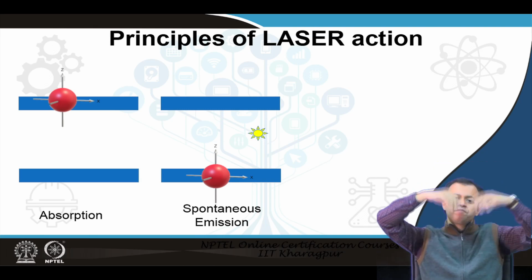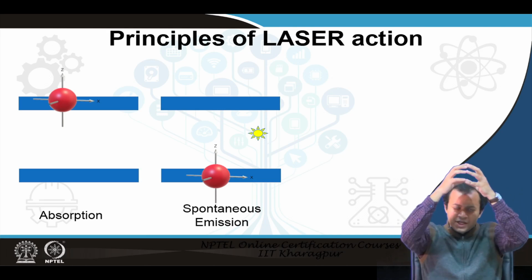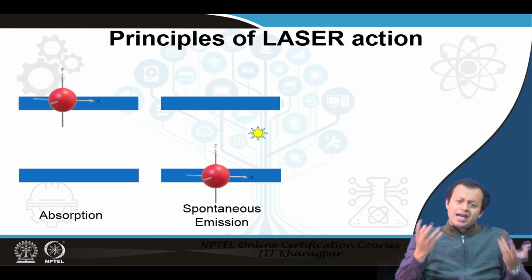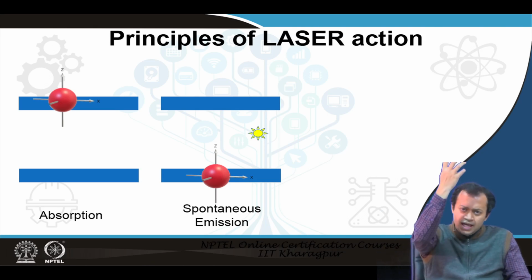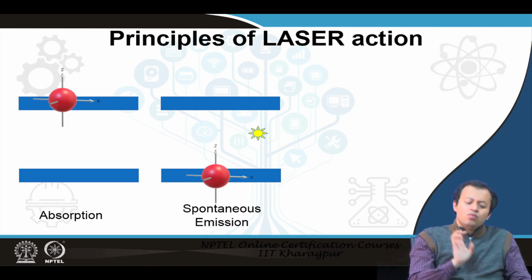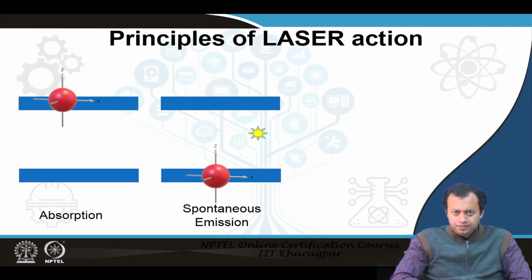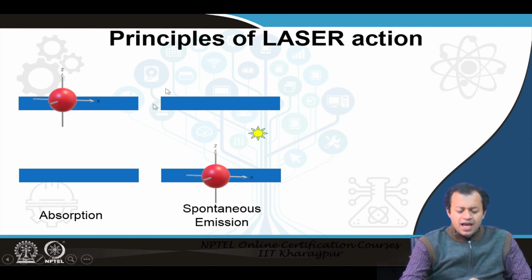After some time, randomly, it returns back. It can be at any random time, the electron will return back and will emit a photon.